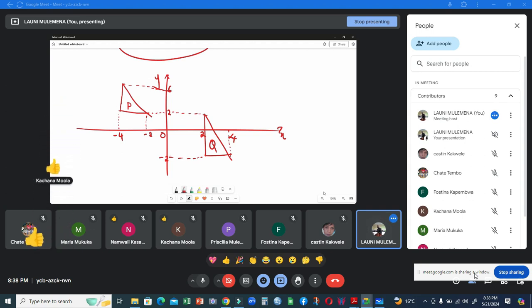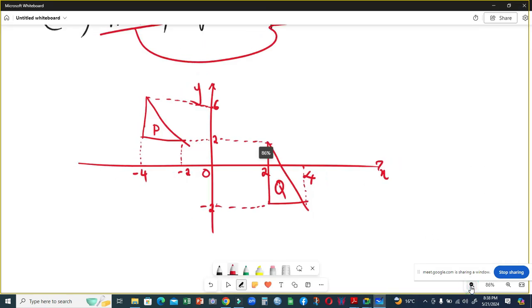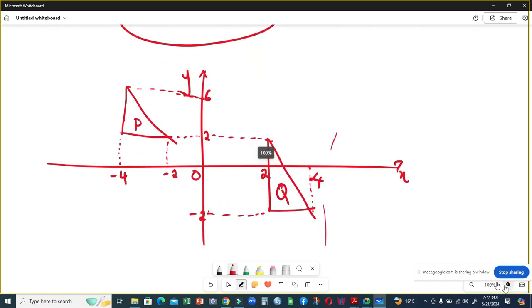Okay. So this is a summary of the question. Remember, this is paper 1, transformation. So what is the question saying? The question is saying that the diagram shows triangle P and Q. So indeed, in this diagram, we have P and Q. What else is the question saying?